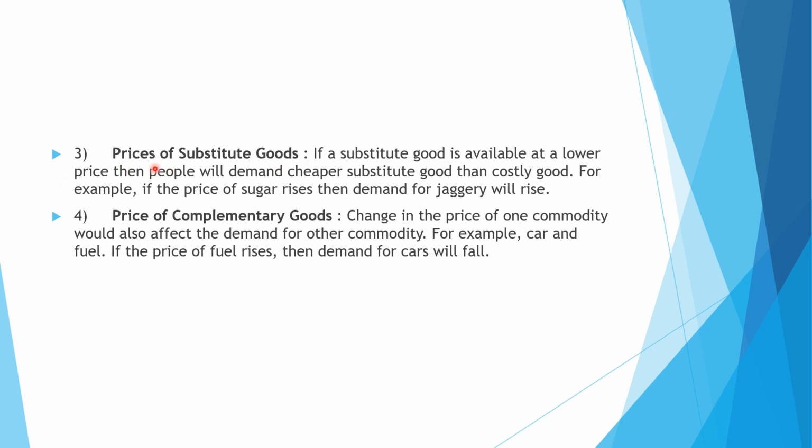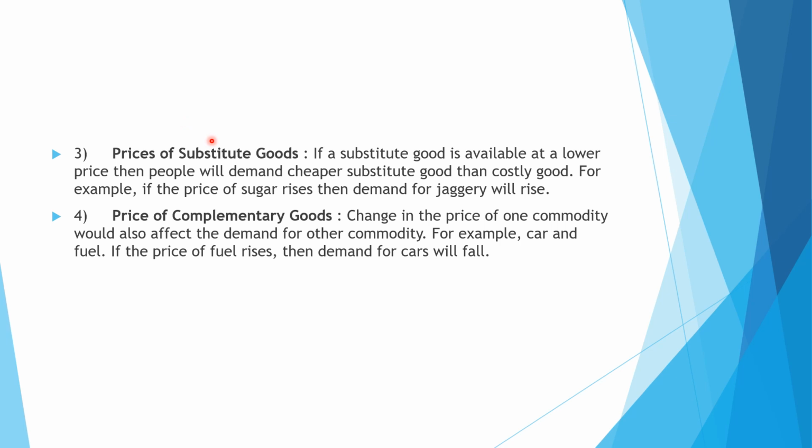Third is price of substitute goods. I told in the law of demand also, the coffee and tea. Now I can take the example of Coca-Cola and Pepsi. If the price of Coke is increasing, I will tend to buy Pepsi because the Pepsi price is remaining constant.